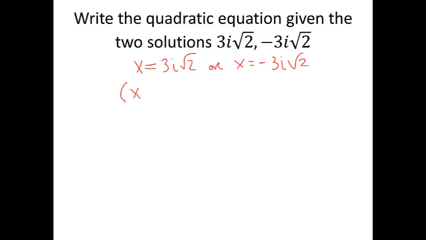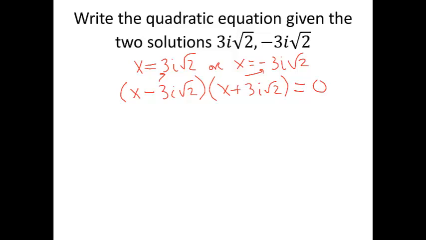I have a factor of x minus 3i root 2, because that would give me 3i root 2 as a solution, or x plus 3i root 2, because that would give me negative 3i root 2 as a solution, and these two factors have to equal 0.